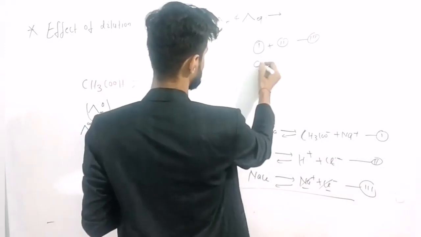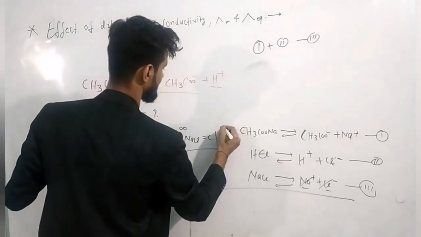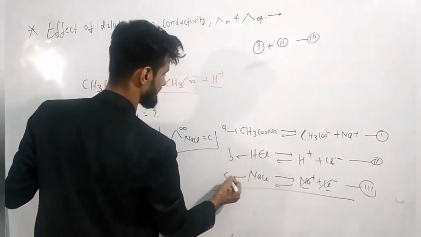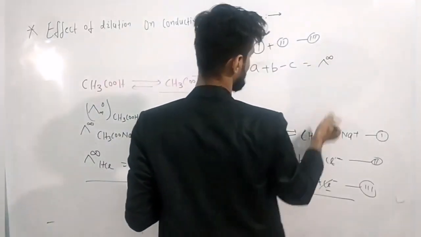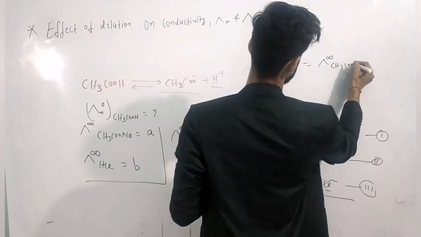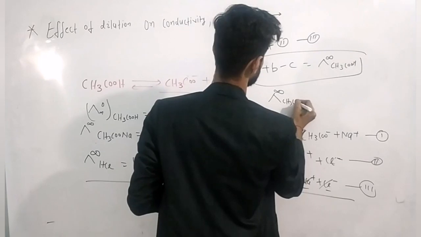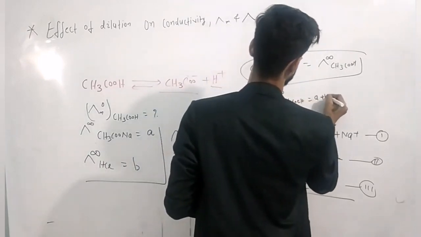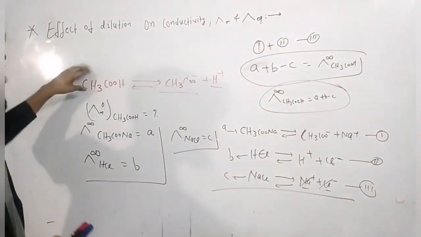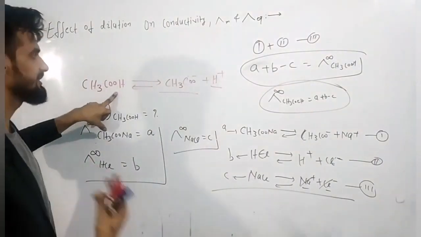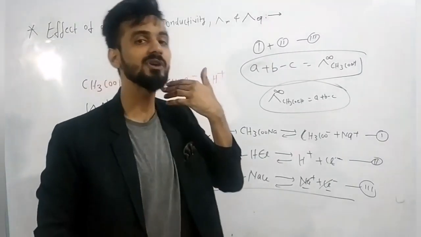So I am adding first plus second and subtracting the third. You will get CH3COO minus, where the value of A is given, here the value is B, and here the value is C. So you will get A plus B minus C is equal to kappa infinite of CH3COOH. Okay. You have got kappa infinite of CH3COOH equals A plus B minus C. Kohlrausch said that the equivalent conductance and molar conductance at infinite dilution for a weak electrolyte is equal to the sum of the equivalent conductance and molar conductance of their individual ions.